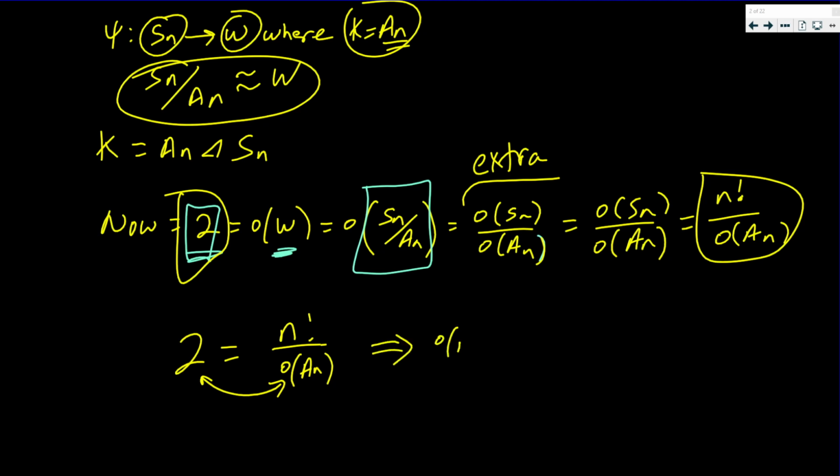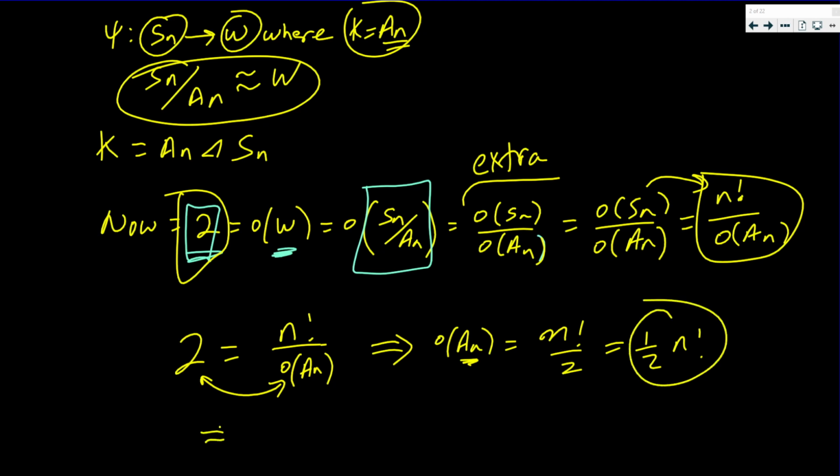This implies that the order of An is n factorial over 2, which is half of n factorial. So the order of Sn is n factorial, and the order of the even permutations is half of that. That would imply that the order of the odd permutations is the other half of n factorial. And that completes this video with some extras, or completes the proof.